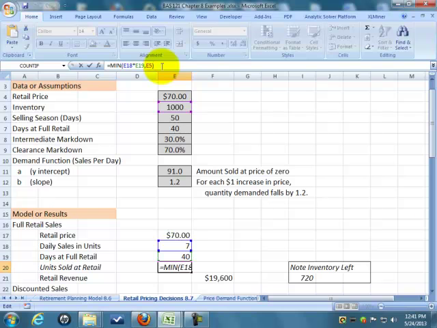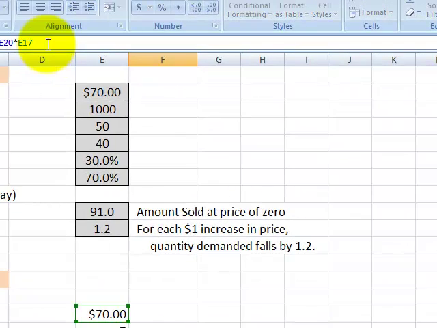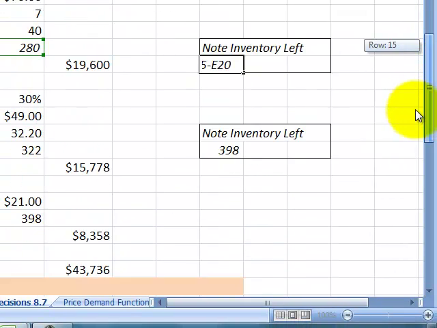The minimum of those two. So we sold 280. So our retail sales is going to be our 280 times our retail price. Off to the side, I just put a footnote. Inventory left is simply going to be our beginning inventory of 1,000 minus our 280. So that tells us what our retail was at full price.